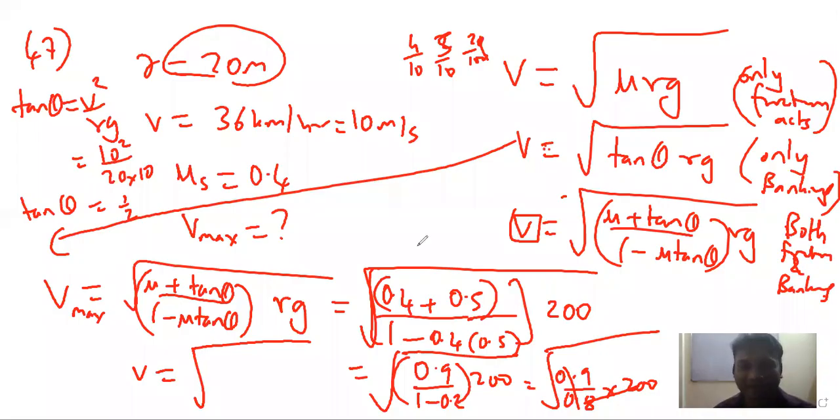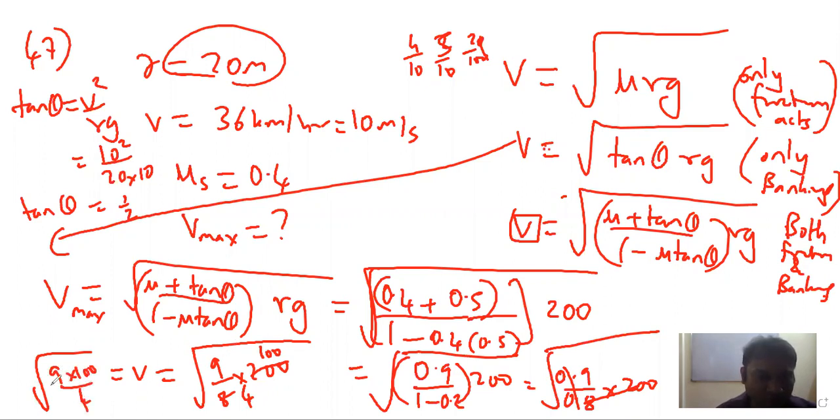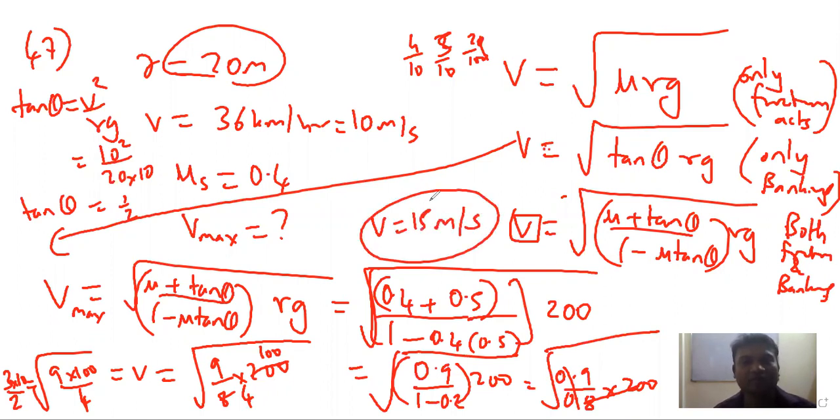If I divide by 2, this will be 4 and this will be 100. So velocity is root of 9 into 100 upon 4. Root of 9 is 3 into 10 upon 2. So velocity comes out to be 15 meter per second. So our answer to this question is 15 meter per second. So this is the maximum velocity which we have.